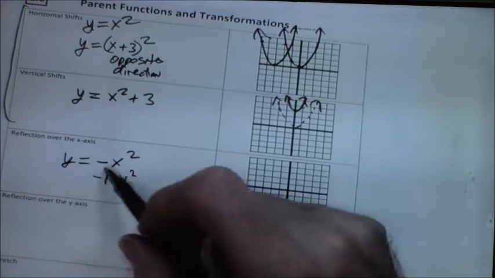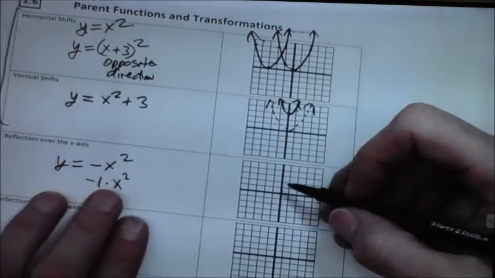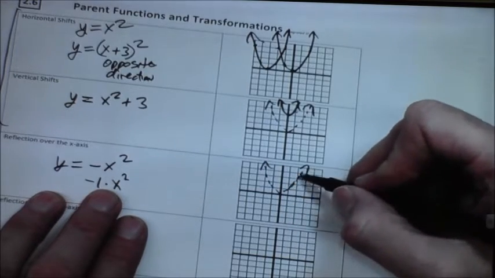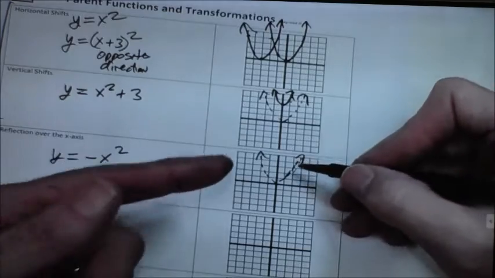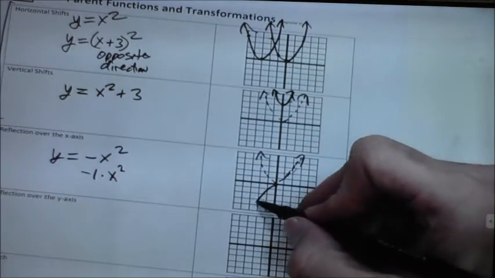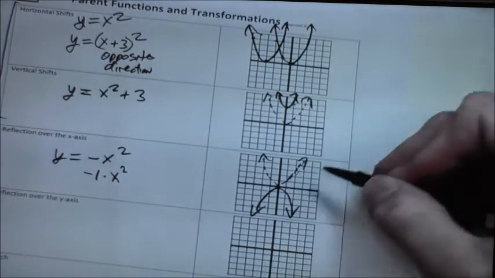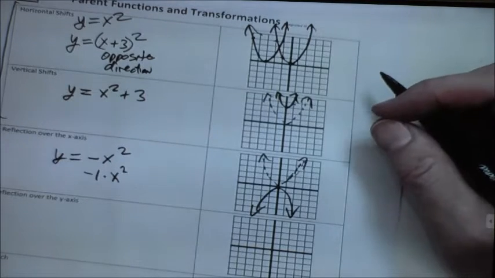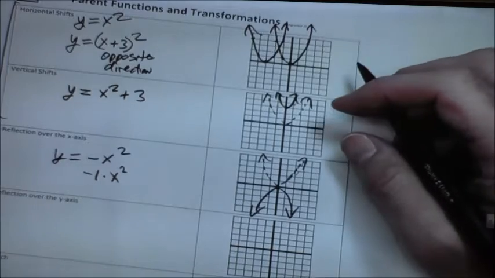So you have to be careful about that negative. So what that does, parent function goes here. There's your parent function. The negative flips it, so it's simply going that way. Anytime you see a -x squared, it means it's opening down instead of opening up, automatically, every time.